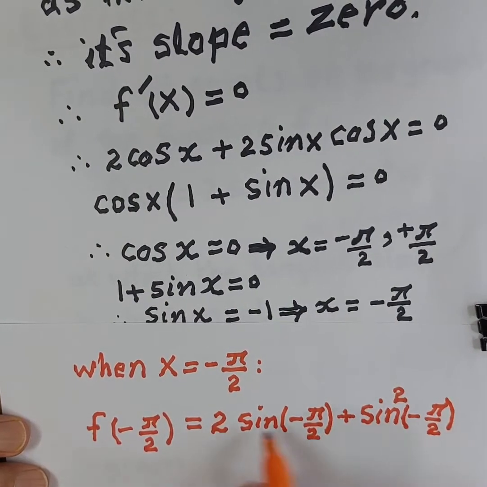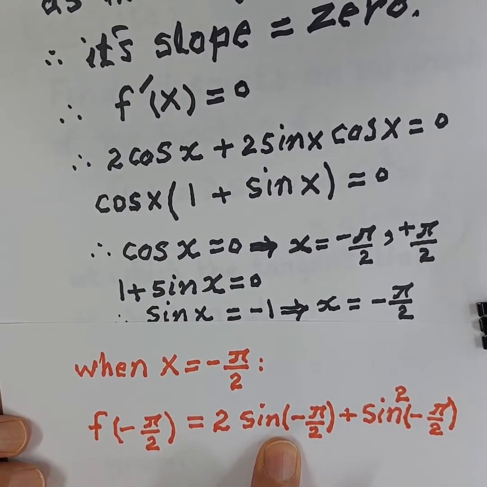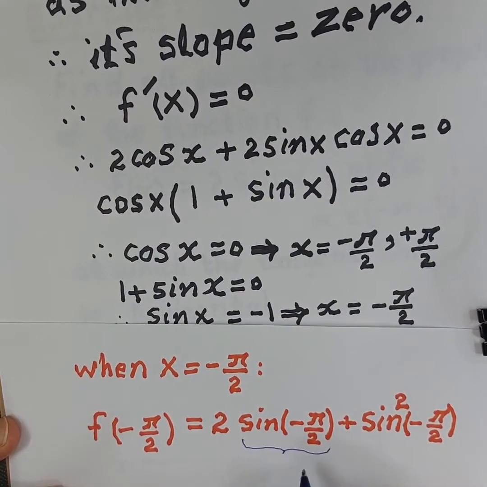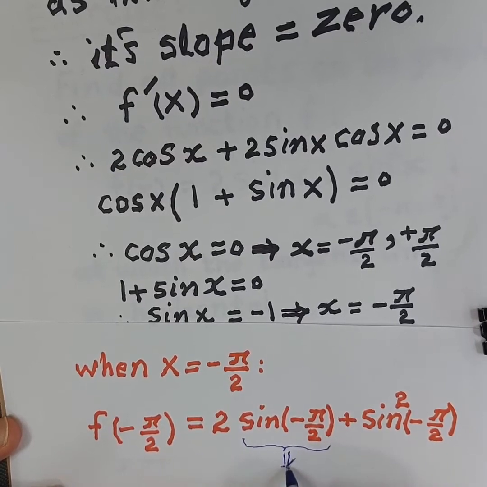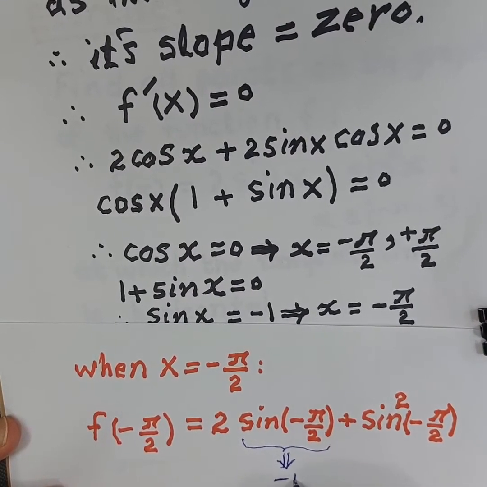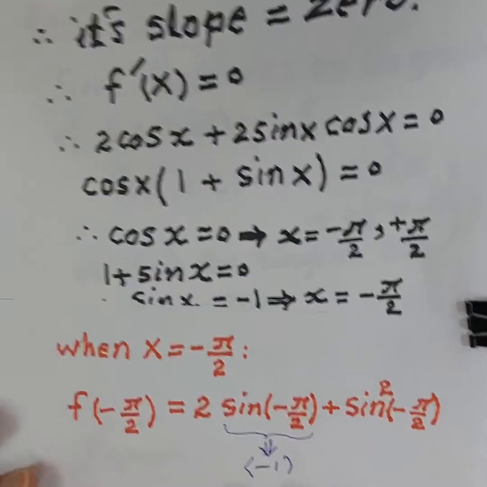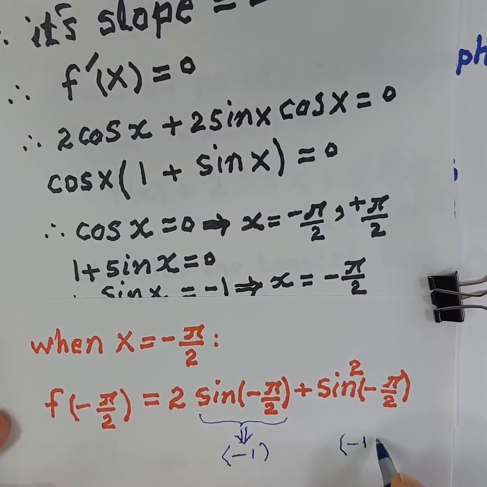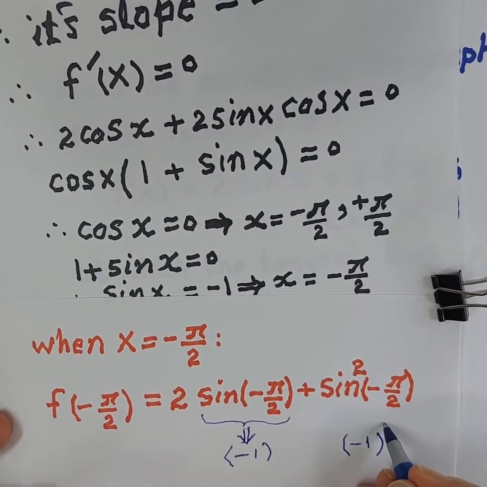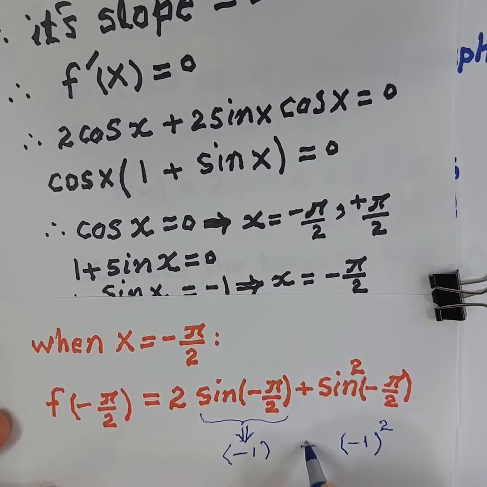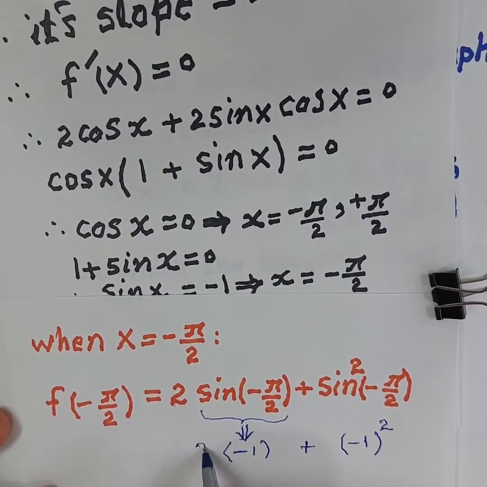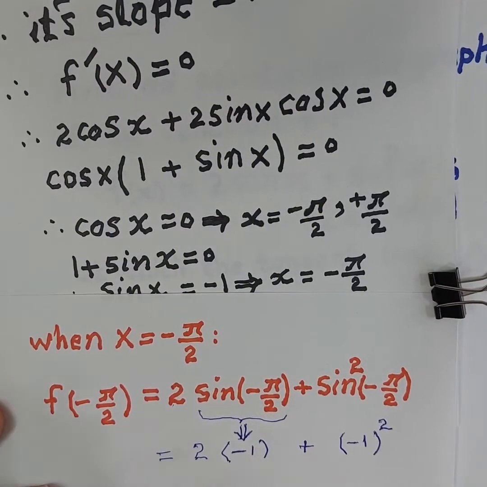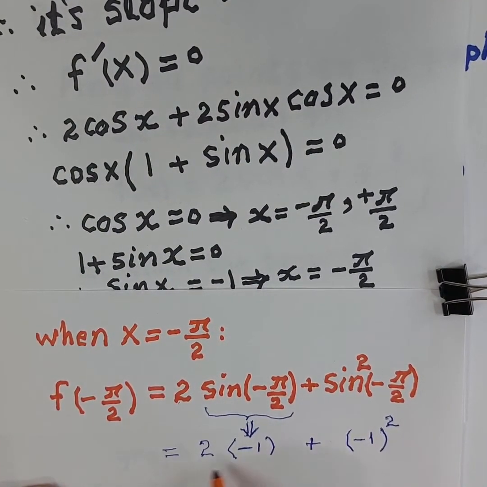Let us calculate the value here. We did see in the sine graph, sine minus pi over 2 is -1. This value is -1. So this -1 again, but here we have square. So -1 squared. And don't forget the 2 is here. The value will be 2 times -1, that means -2.